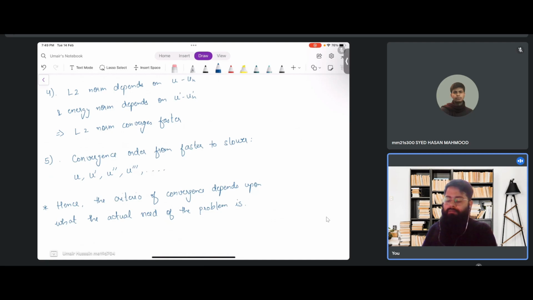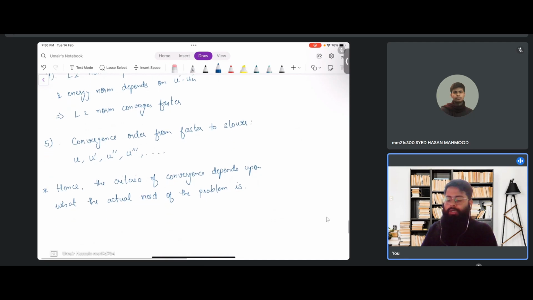Since they converge later than U, we need to ensure that the error in the higher order derivatives has also converged. So the criterion of convergence depends on what our actual need is from the problem. That's how we decide the convergence of the problem, not just by observing the error in the solution values.